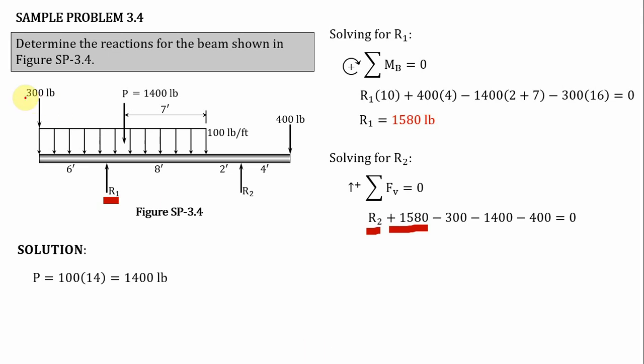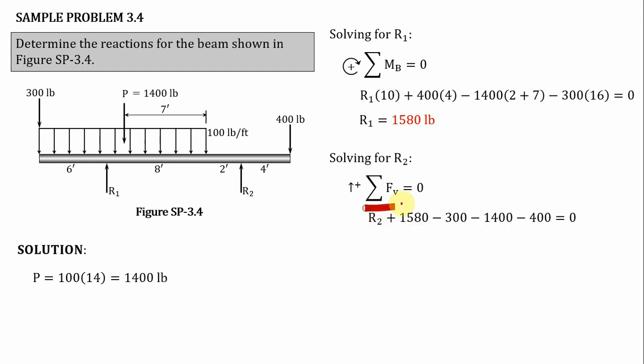Okay, and then this 300 pounds, class, is going downward, so minus 300. And then the 1,400 pounds is going downward, that's why minus 1,400 pounds. And then the last force is the 400 pounds, that is going downward, so minus 400 pounds.